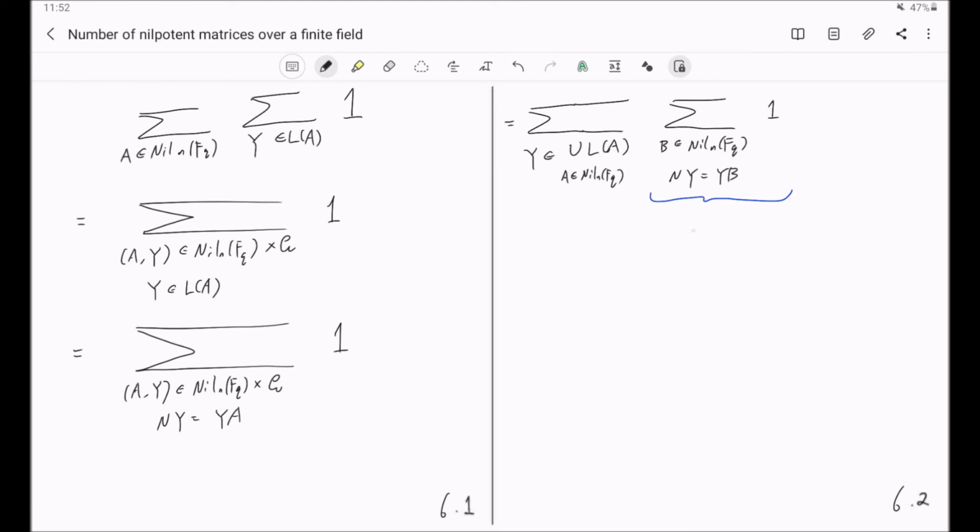So this part is precisely M of y. And this first sum is really just a summation over all possible y's that are admissible. This is precisely the definition of admissible matrices. And this is our left-hand side, which finishes the proof of our lemma 4.